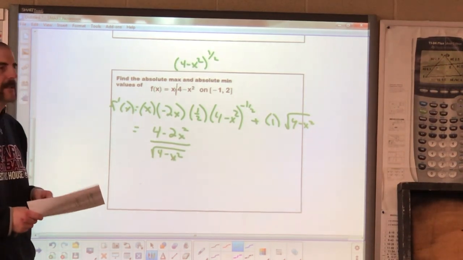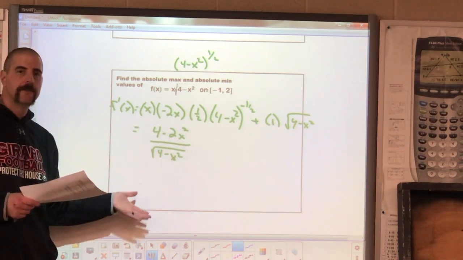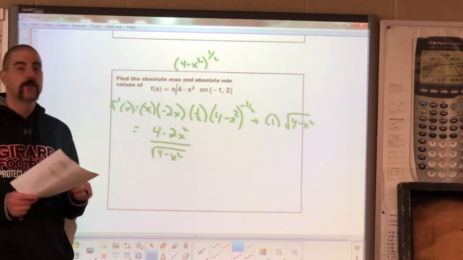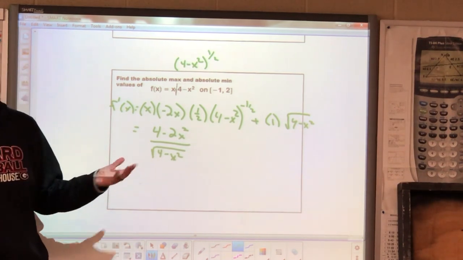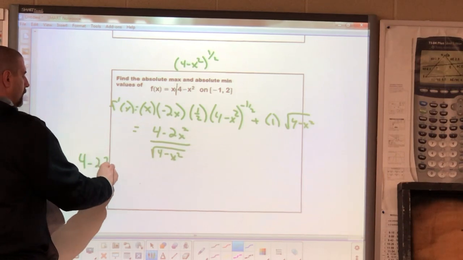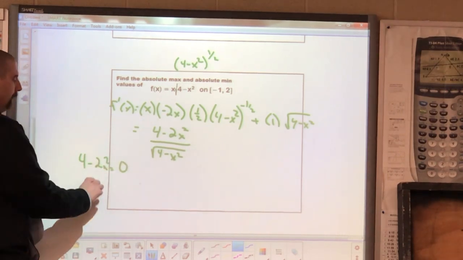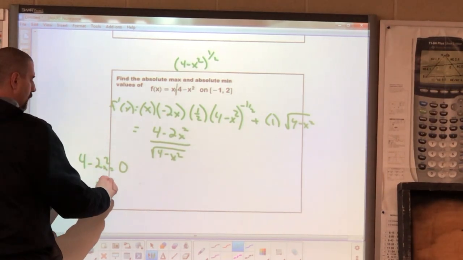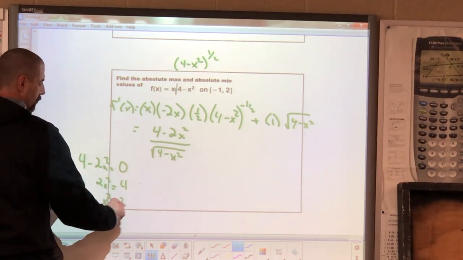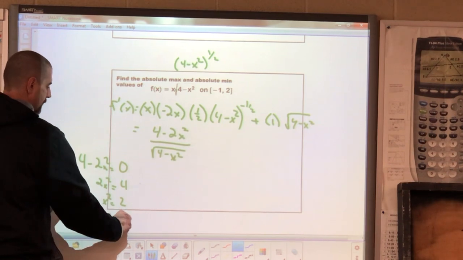Now, the thing with this is, when it's a rational function, you're going to have to set the numerator equal to 0 and the denominator equal to 0. Just remember our sign analysis rules hold true here as well. So what you're going to do is take 4 minus 2x squared equal to 0, all right? So you're going to end up with 2x squared equals 4, x squared equals 2, x is plus or minus square root of 2.